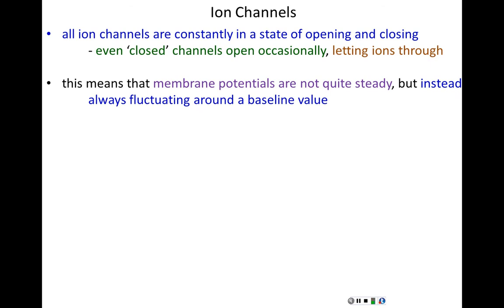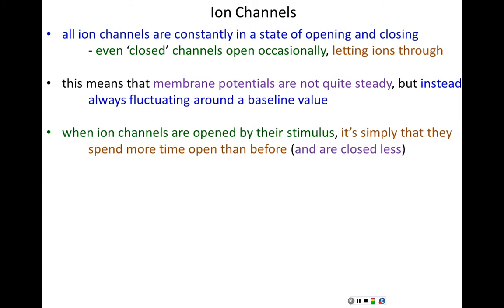Instead, membrane potentials are constantly fluctuating around a baseline value. What we mean by this is that when channels are opened by their stimulus, they just spend more time open than before. Closed channels are very, very often closed and open very briefly. Open channels are very, very often open and closed very briefly. That's the only difference. But still, it's constantly this state of flux.